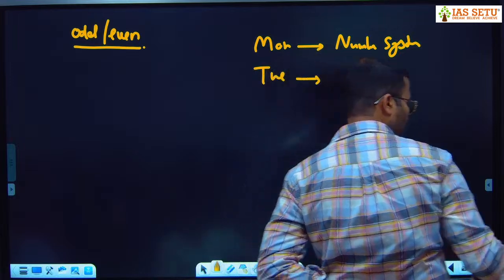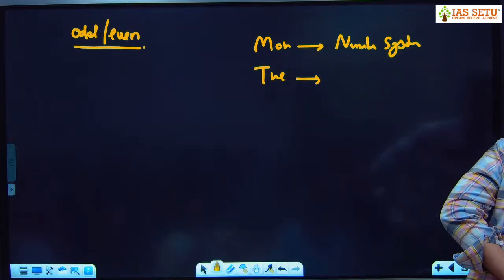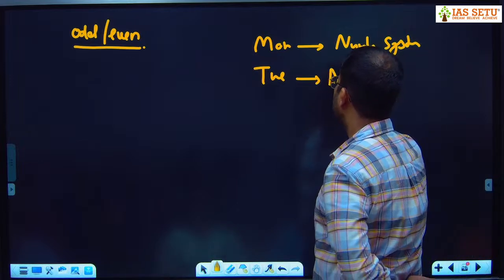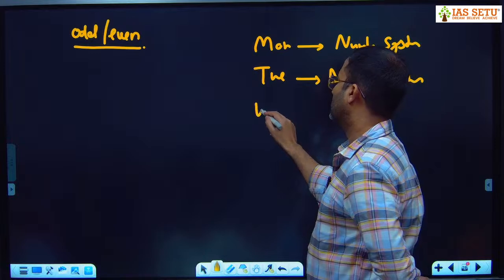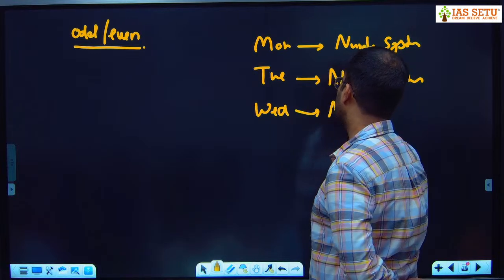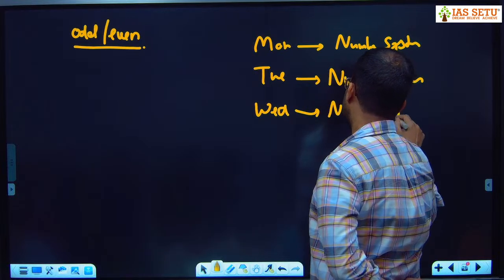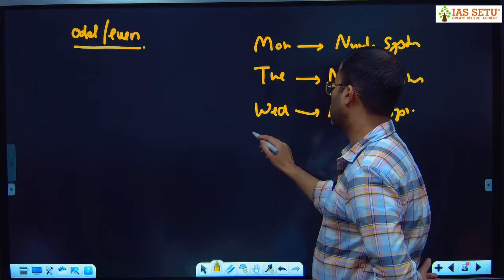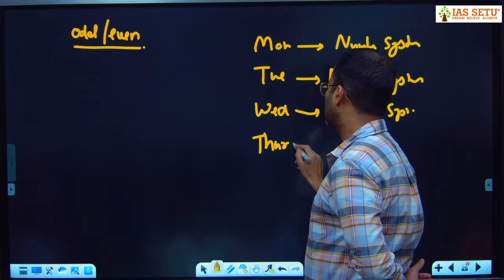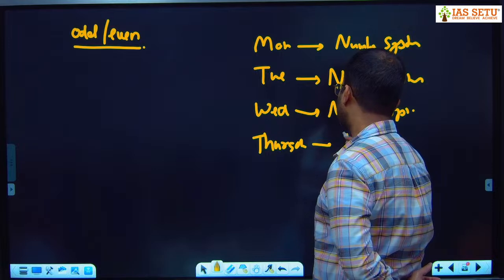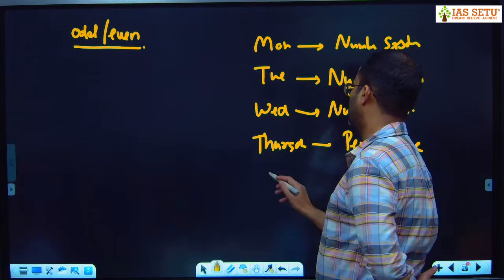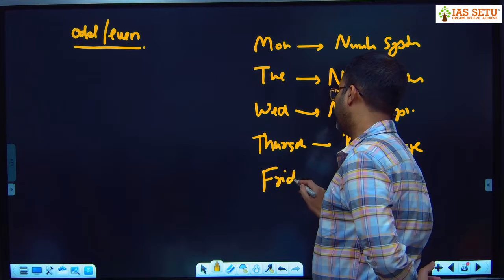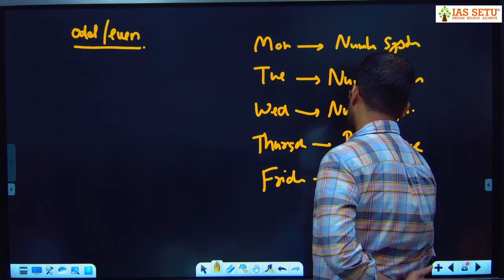Tuesday, number system. Wednesday, number system. Thursday, percentage. Friday, percentage.